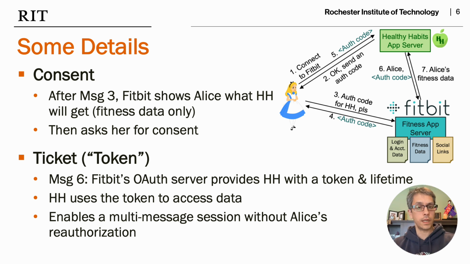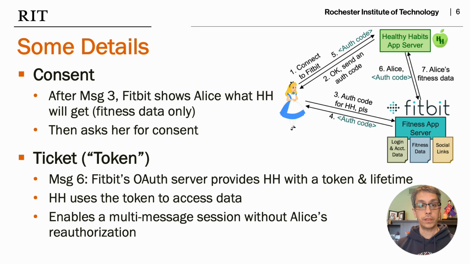There's a server that has to handle that, and then there's the actual email system. If you are Healthy Habits and you send the auth code, what you get back is something a lot like a ticket in Kerberos. It's called a token, and just like in Kerberos, it has a lifetime.